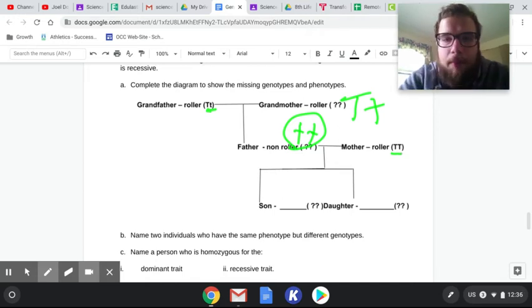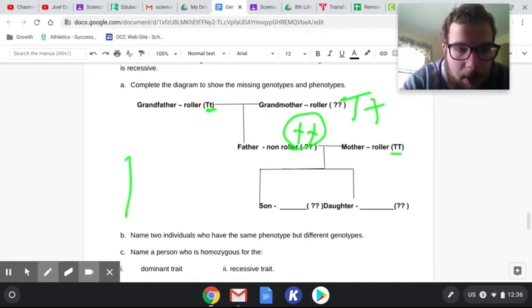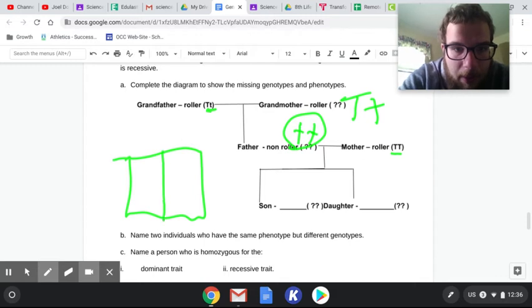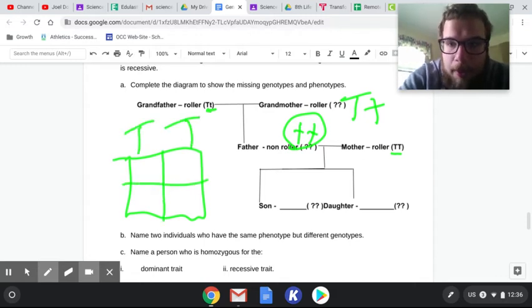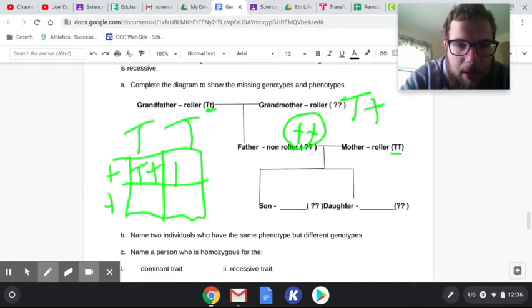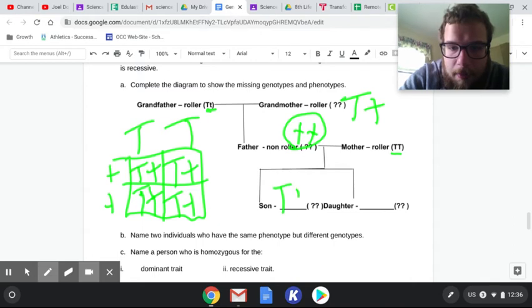So let's go ahead and Punnett square this thing up. I already know what it's going to look like, but I want to show you in case you don't see it yet. If there's big T, big T, and little t, little t, guess what everybody is going to look like? Oop, that's supposed to be a little t. They're all going to be big T and little t.